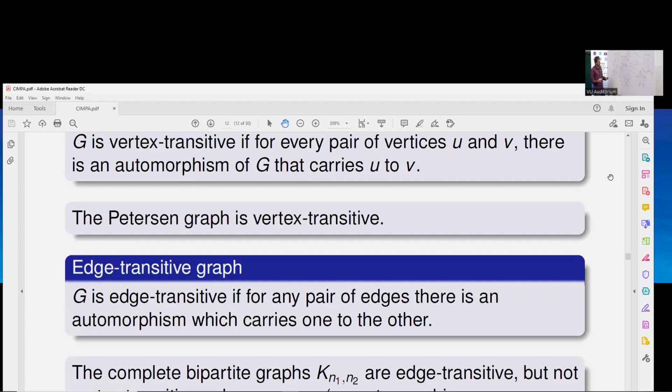Let's just double check. So what about having vertices, let's say this one will be u1, u2, u3, u4, u5, and let's have this one to be v1, v2, v3, v4, v5.